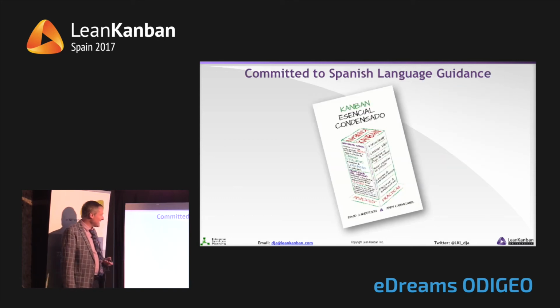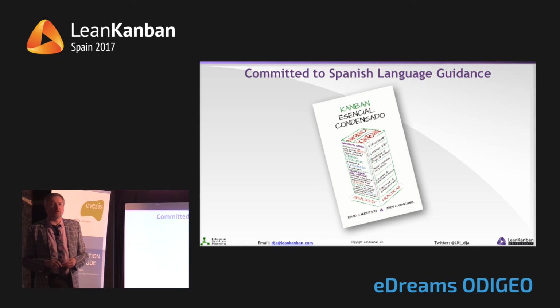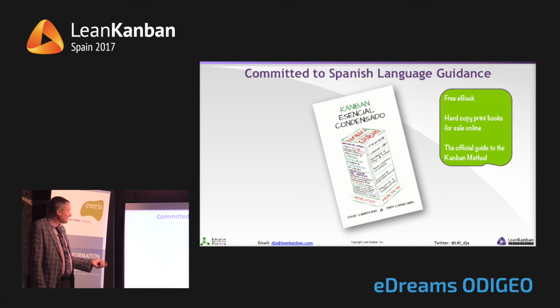And committed to Spanish language guidance. Teodora, when will this be ready? It's ready. Is it a download? Because I couldn't find it on our website. So we have this book upstairs. This is the official guide for the Kanban method, now available in Spanish, and it's real Spanish.